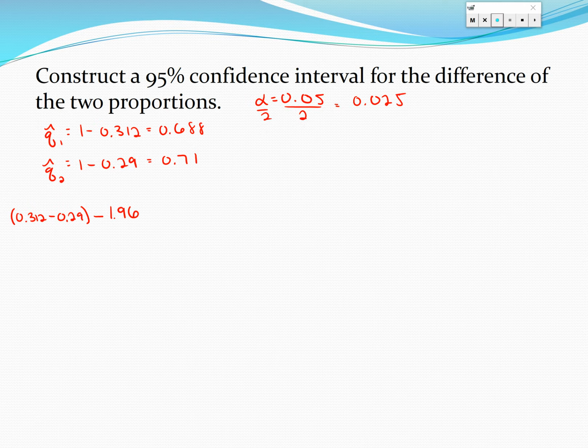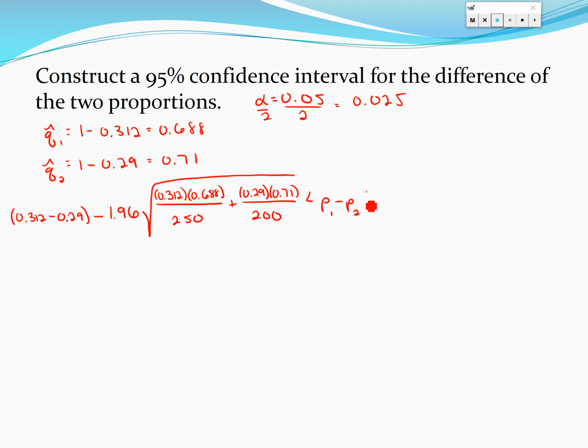Then we get into that messy looking radical: p hat sub 1 times q hat sub 1 divided by our first sample size, plus p hat sub 2 times q hat sub 2 divided by that sample size, which was 200.